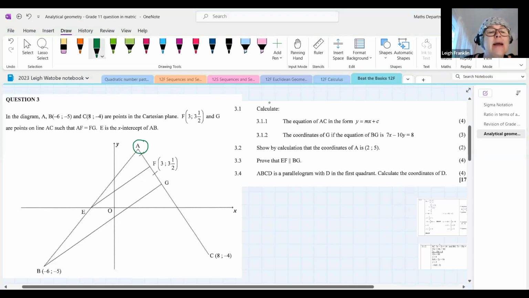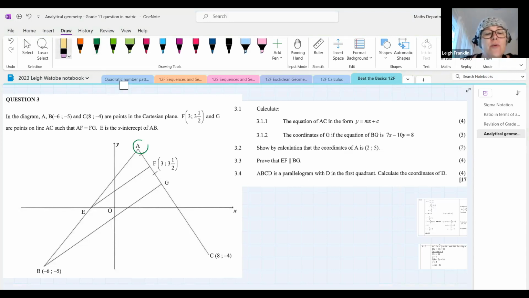All right, but line AFGC is a straight line. So that means in order to get the gradient of AC, we can use the coordinates at F and C to be able to do that. Does that make sense?